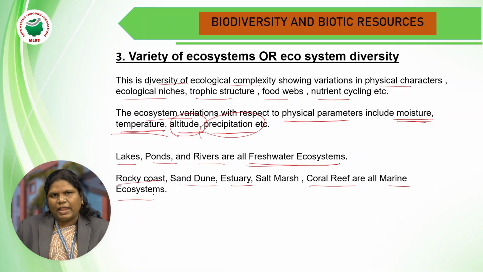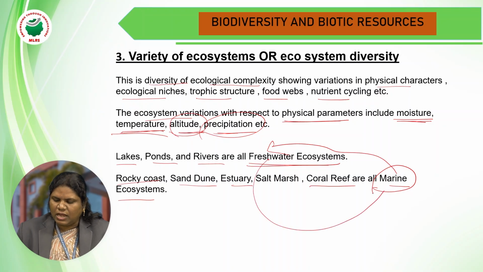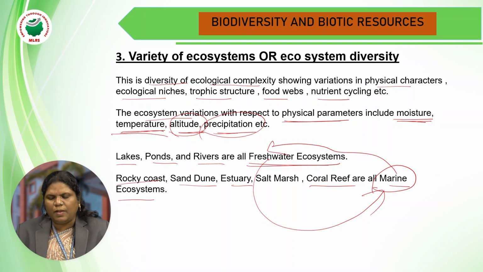The plants and animals which live in the marine ecosystem can't sustain in the freshwater ecosystem, and the plants and animals which sustain in the freshwater ecosystem can't sustain in the marine water ecosystem, because they are habituated to their own ecosystems. Marine means salty.